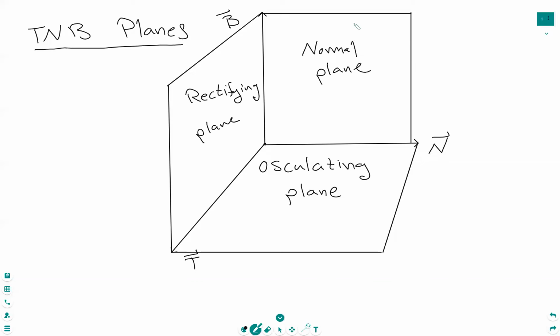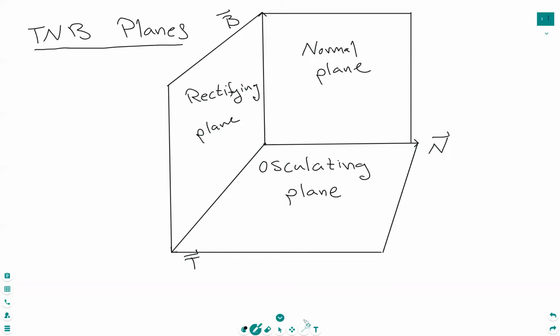If I ask you to find the normal plane, the vector that's normal to the normal plane is T. If I want you to find the rectifying plane, the vector that's normal to this plane is the normal vector. If I ask you to find the osculating plane, the vector that's orthogonal to this plane is the binormal vector.